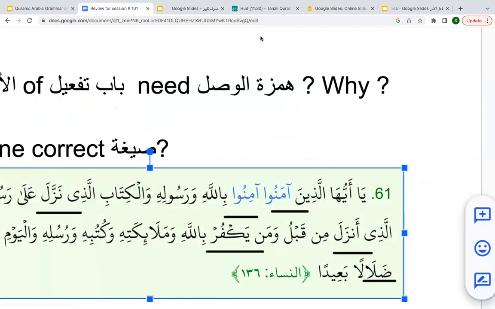It's madi, and fa'iluhu is huwa, and this madi is from family number 2, because the second root letter is doubled up, right? Anzala. Madi, good job. Family 4, good job.